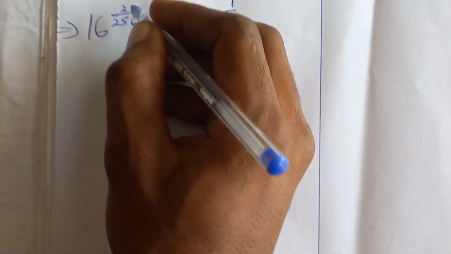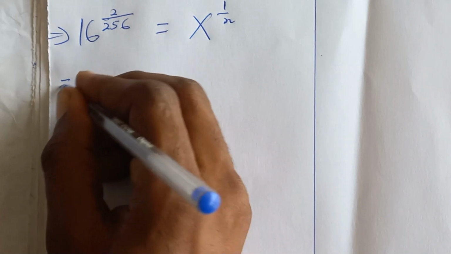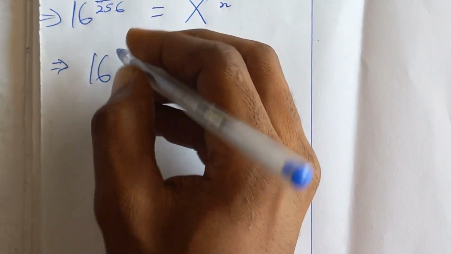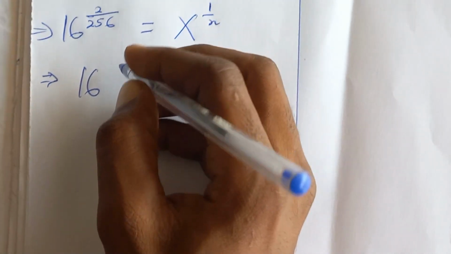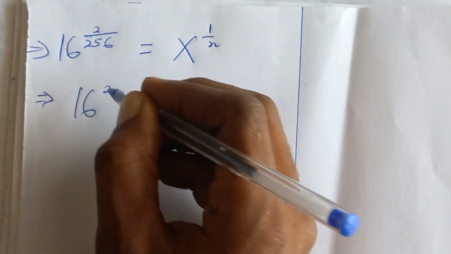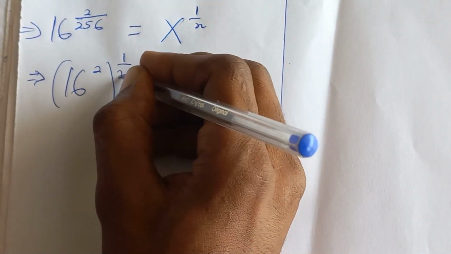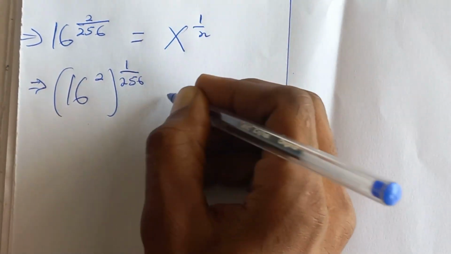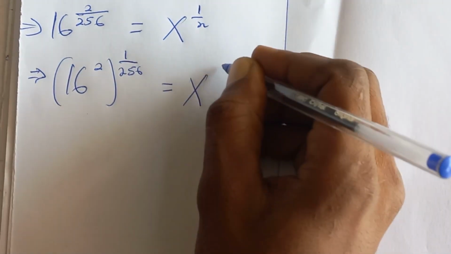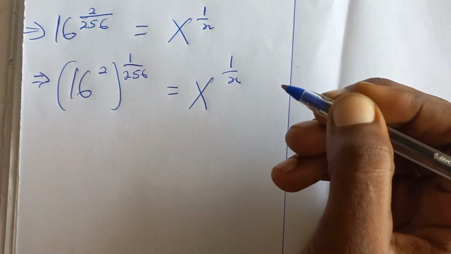Now we can do the same thing: 16 exponent 2, bracket 1 on 256, is equal to x exponent 1 on x.